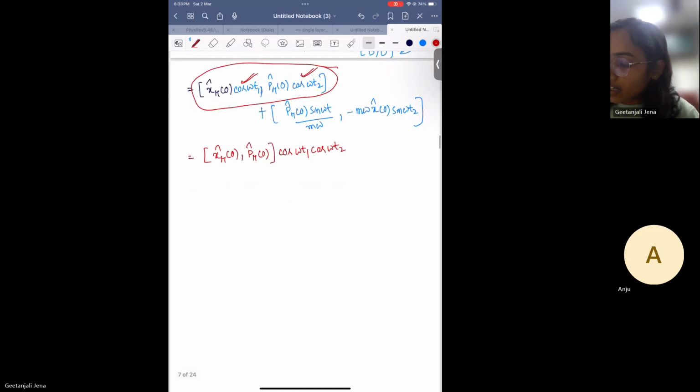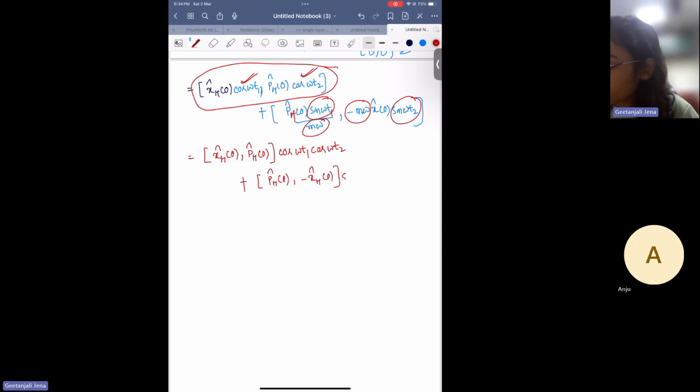In the second term, there is a 1 by m omega here and an m omega here, so when you take the commutation relation, they cancel each other. So the final term is the commutation of p(0) and x(0) with a minus sign. There is a constant term sin omega t1 and sin omega t2 that you can take out from the commutation relation.